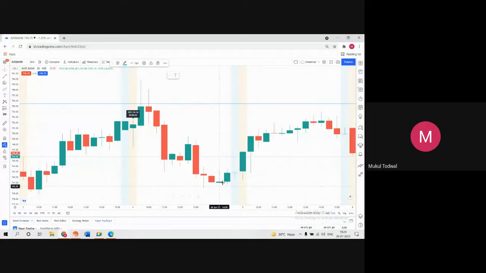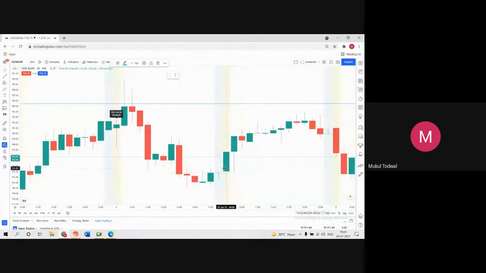Over here, this is an anticipatory call only. Yes, I can make a position, but I won't make a position until and unless I get another green candle. Another green candle has formed. Now it is a confirmatory call for me to enter the stock. If I would have placed an order at this level, or say this level as well, the very next day the stock would have given me a very decent return.